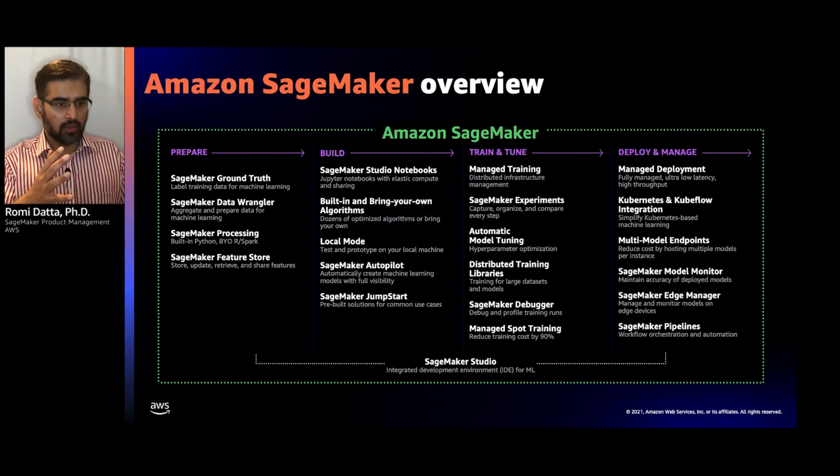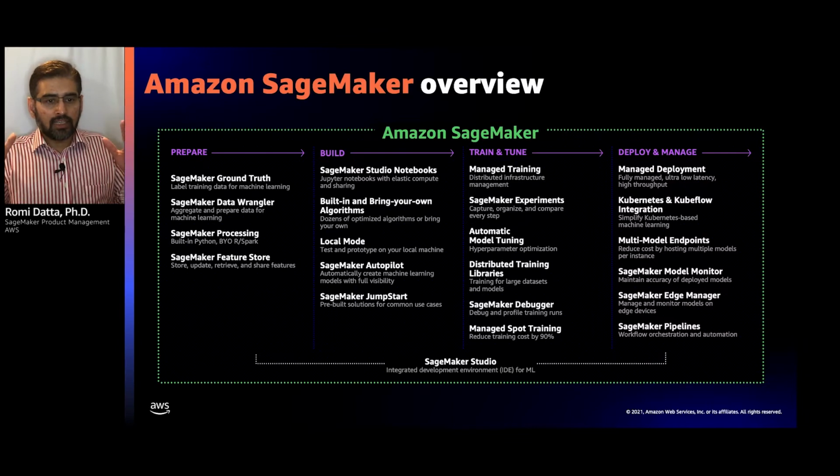Prepare, which we'll go over today, things like Ground Truth, Data Wrangler, Feature Store. Tools to build your models with Studio Notebooks. A platform to train your model, where you can do single instance or distributed training. And then once you've trained your model, you can easily deploy it in an endpoint and serve inferences.